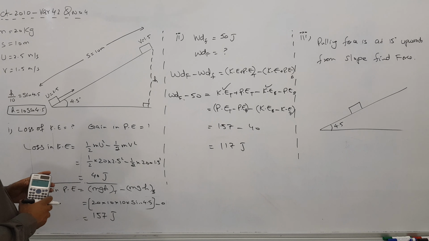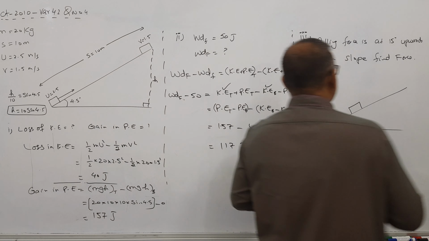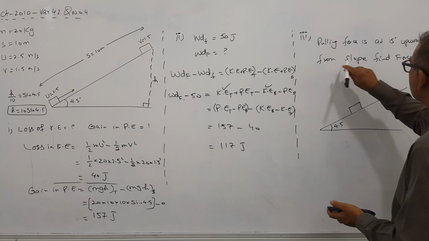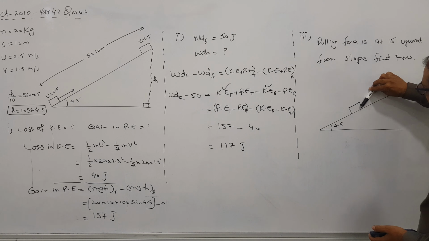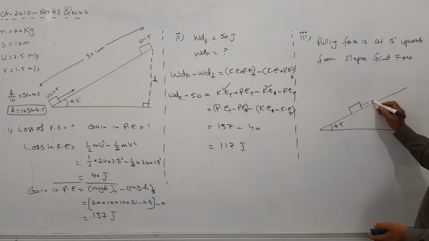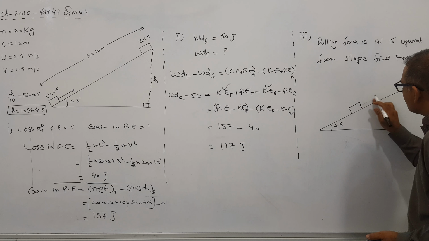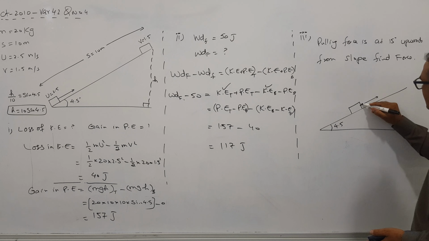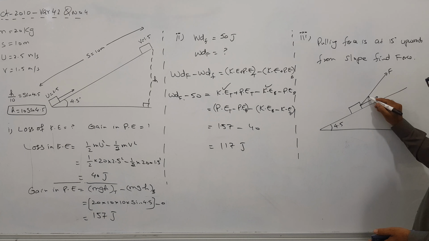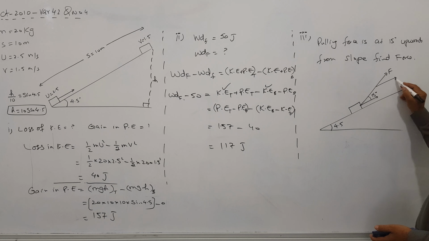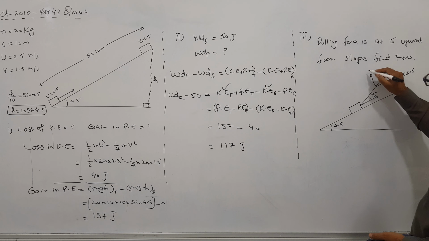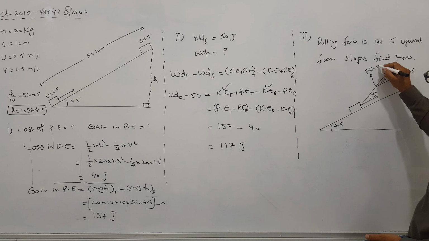The pulling force is at an angle of 15 degrees upwards, from the slope. This is the slope, and the force is at an angle of 15 degrees to it. So you know that one component is parallel to the surface, the slope: F cos 15, and the other is F sine 15.